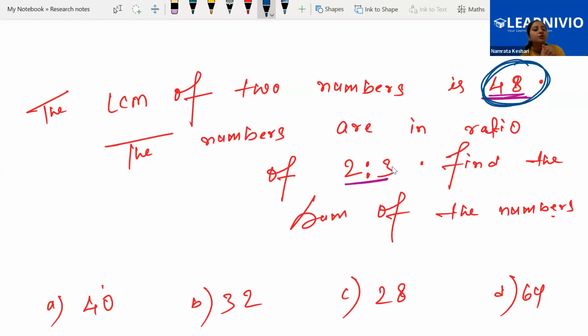The LCM of the two numbers is given as 48. Recall the process of finding the LCM: we did the prime factorization, checked the common term, took the highest power of the common term, and also took the remaining terms. We are repeating the same process.